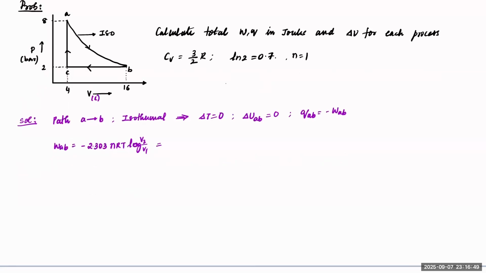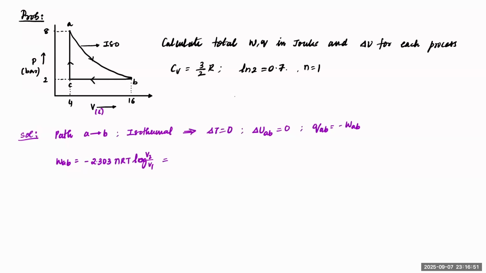And now temperature, how do we figure out how much it is? Since we do not know the temperature, but I know the initial pressure and initial volume, I can use that data, or I can use the final pressure and final volume as well.